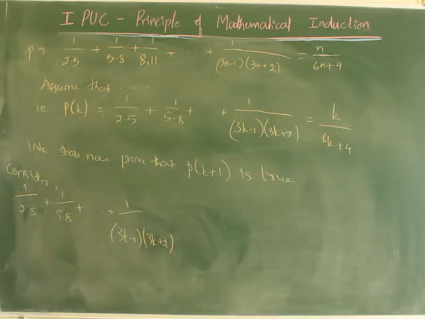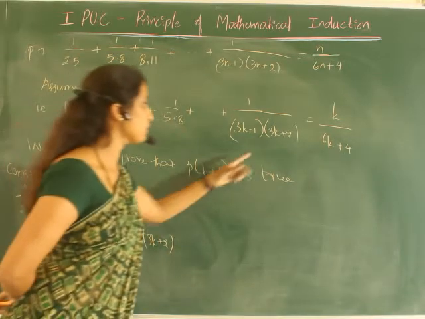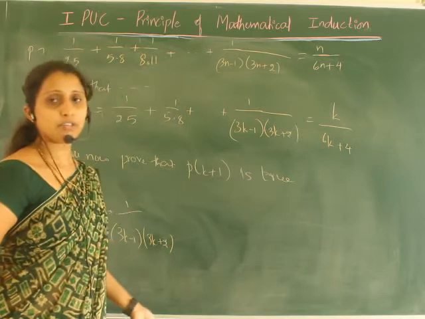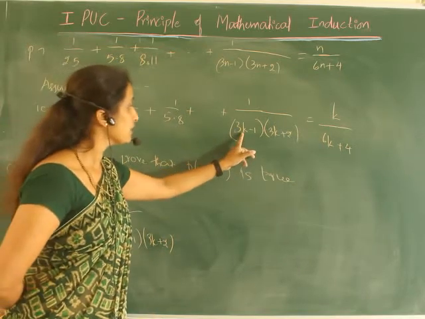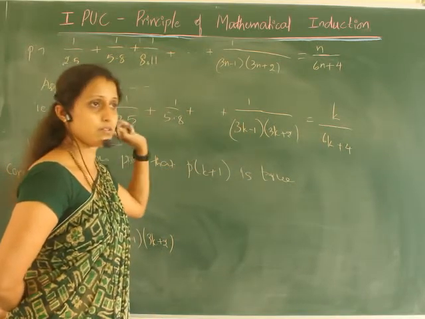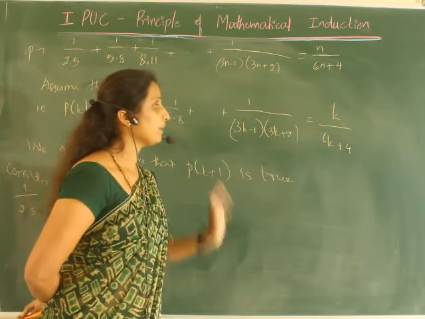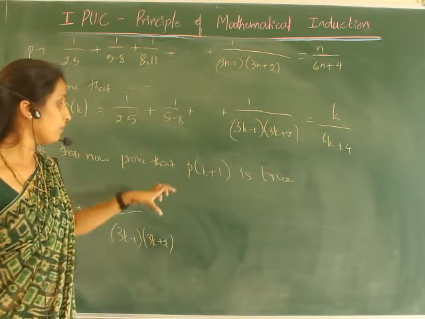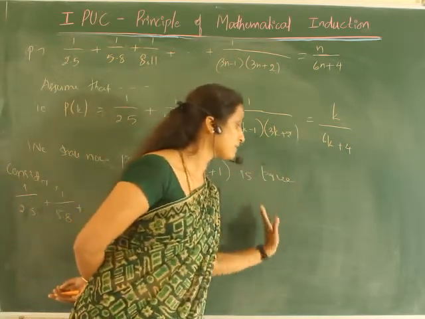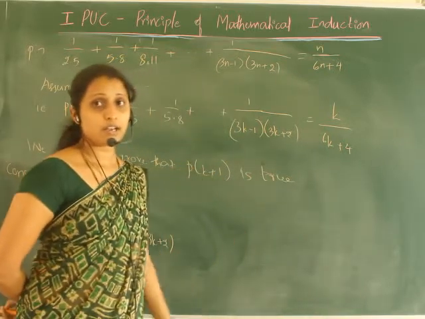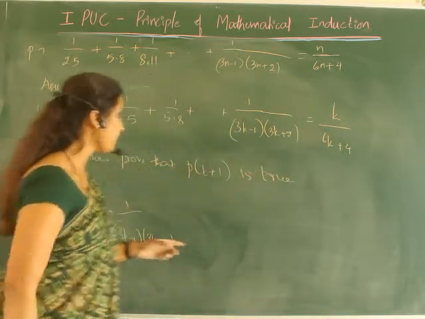So what is the next term? It is for k, 3k minus 1 and 3k plus 2. So for k plus 1, we have to replace this k by k plus 1. That term we have to add in the right hand side as well as in the left hand side. So I will add that term by replacing k.